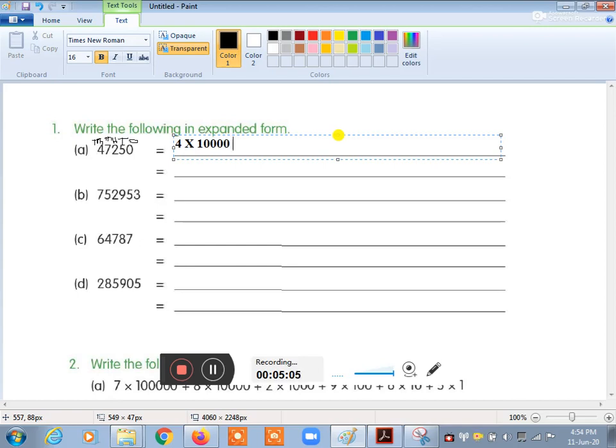So 4 into 10,000 plus 7 into 1000 plus 2 into 100 plus 5 into 10 plus 0 into 1.